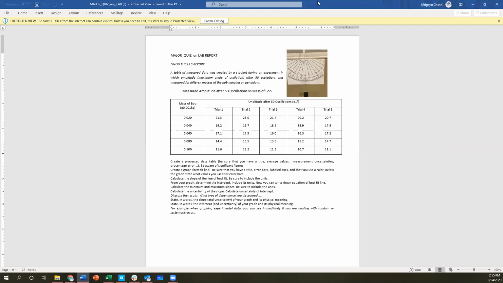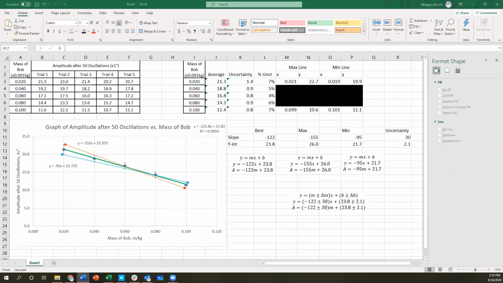Now, discuss the results. What's the dependence here? I think that's pretty obvious. What type of correlation is this? This is called a linear correlation, right? So it's linearly correlated. That's the dependence that you discovered.